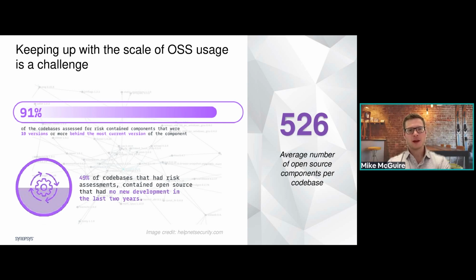The reason for that is this image, grayed out in the back here. That's a dependency graph for a very popular NPM component. You can't see it, but at the very middle is a green dot, and that is the direct dependency. As a developer, that's the one I want to bring into my application.